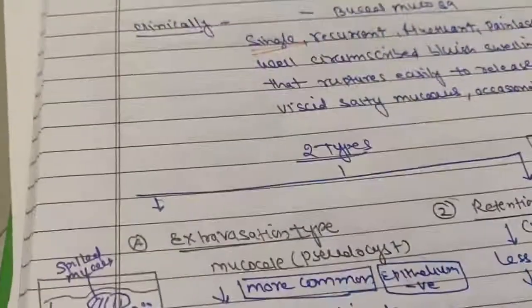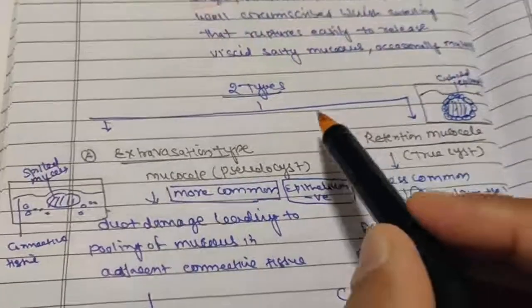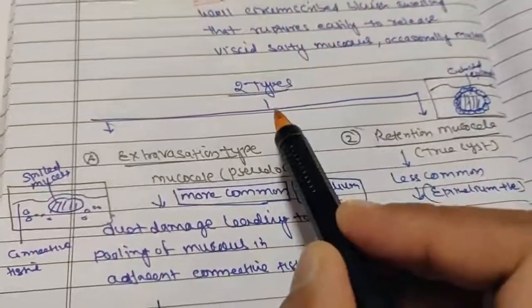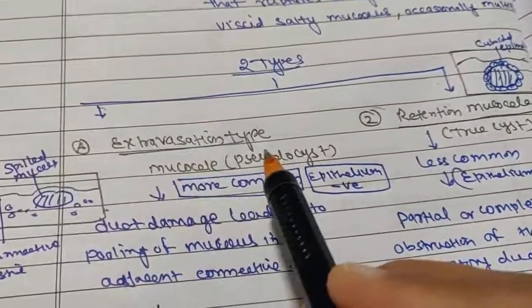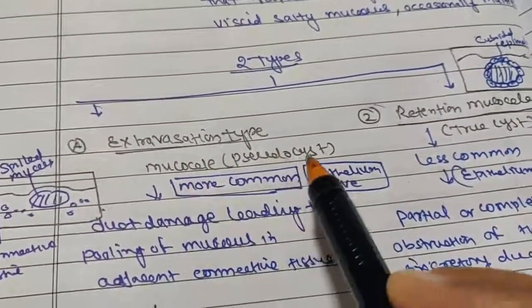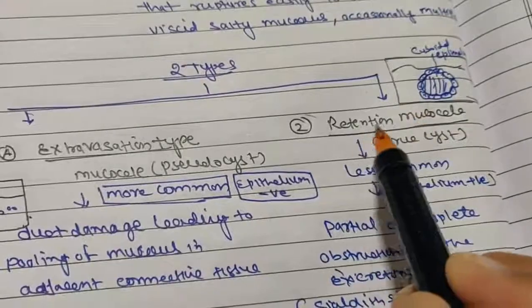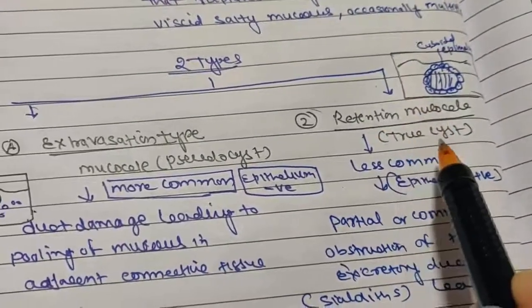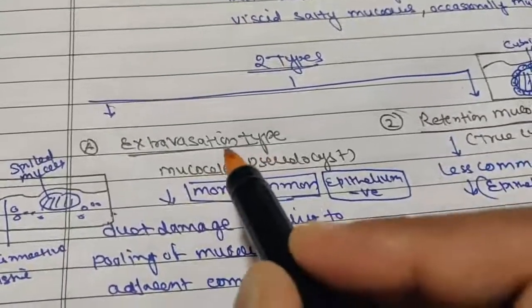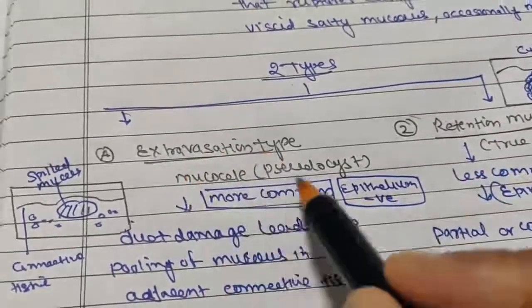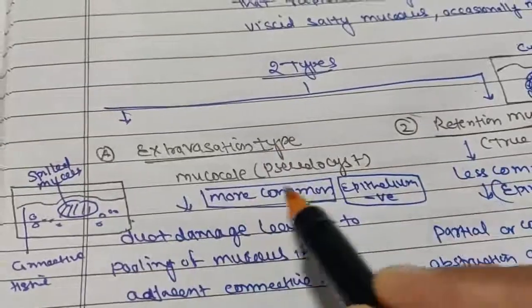If you talk about the types of cyst, there are two types of mucoceles. One is the extravasation type mucocele, or you can say pseudocyst. Second is the retention mucocele, or you can say true cyst. In the extravasation type, mucus is spilled into the surrounding connective tissue, so there is no epithelium.